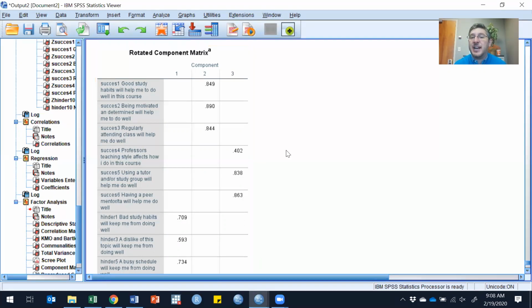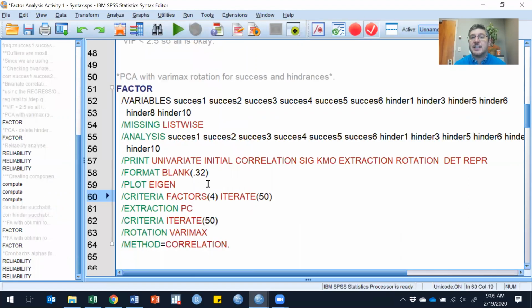In our syntax, we ask SPSS to suppress any loadings less than 0.32, so that's why these are blank. This item loads on all 3 components, but the loading on component 1 and 3 is less than 0.32, so SPSS blanked it out for us. You can change that in this part of the syntax.